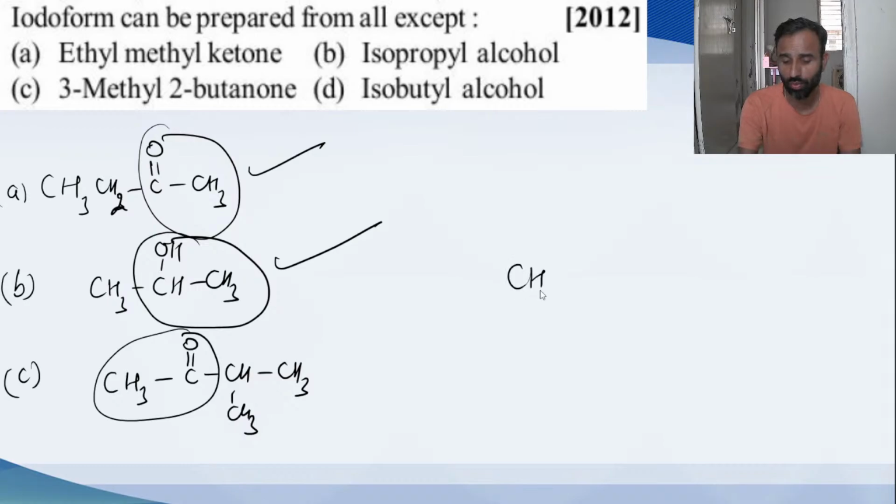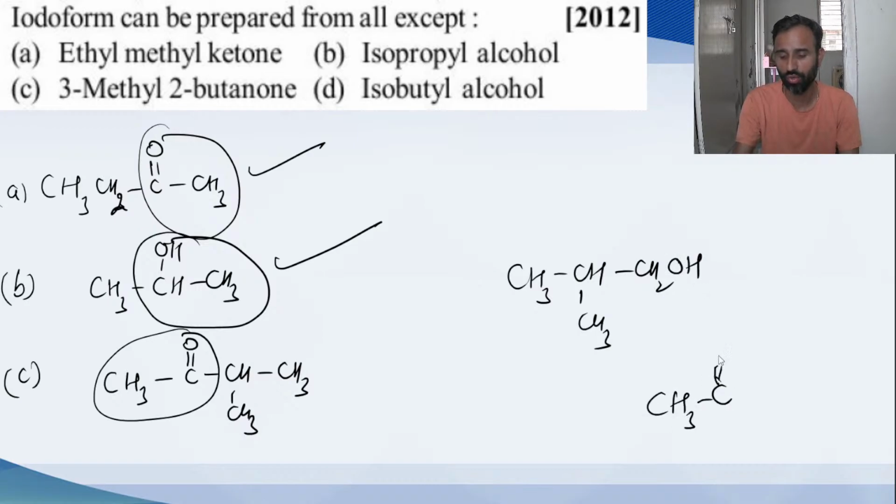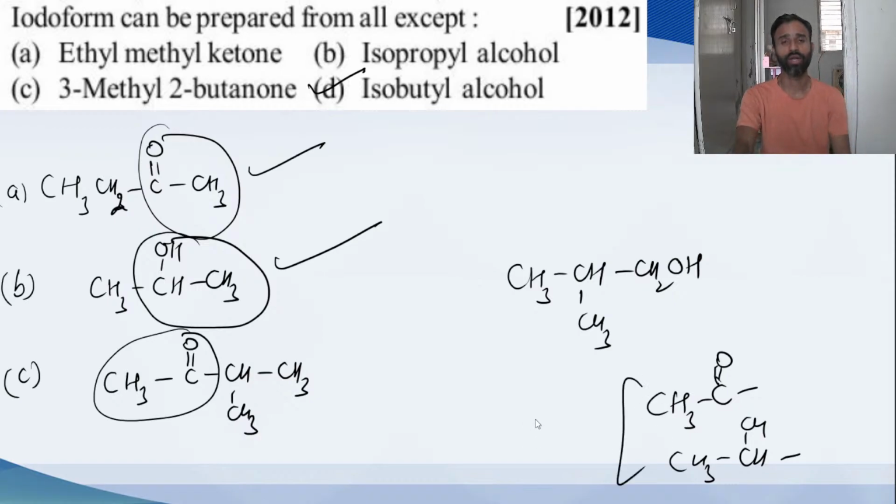But isobutyl alcohol has no CH3CO group or CH3CHOH group. That means this is the right option. Isobutyl alcohol is a primary alcohol, and only one primary alcohol will give the iodoform test, and that is ethyl alcohol. Okay.